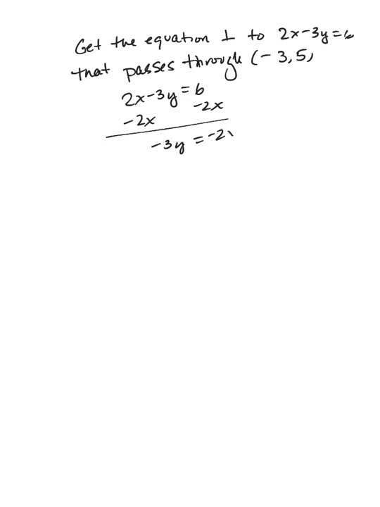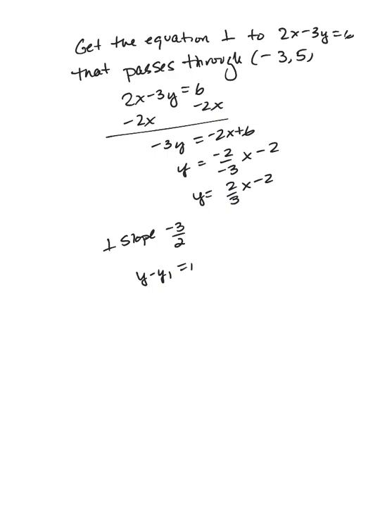-3y is -2x plus 6. Divide by -3. So 2/3 is my slope. But I need the perpendicular slope. So the perpendicular slope, I have to flip it and change the sign. So now I write the point slope formula.